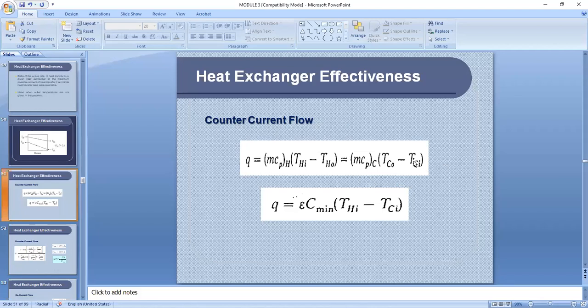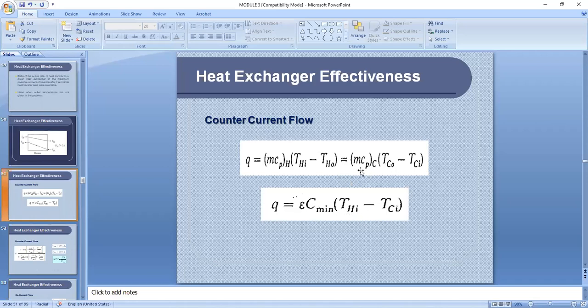Now what you have to take note of here, class, is that you have interchanged the manner of subtracting the temperatures. Since the inlet temperature of the hot fluid is higher than its outlet temperature, it's okay. So the value of this Q is positive. Now, if you forget to interchange these two and you forget to write the negative sign before that, then your answer will be wrong in determining the fourth temperature.